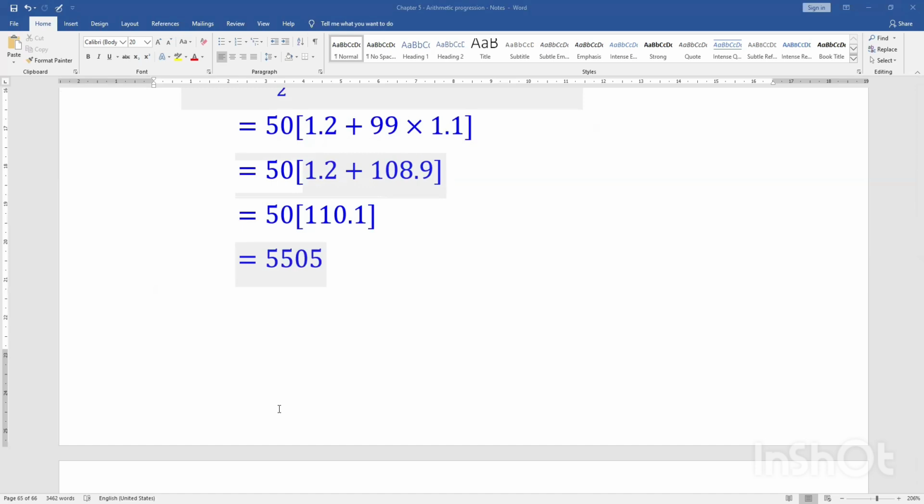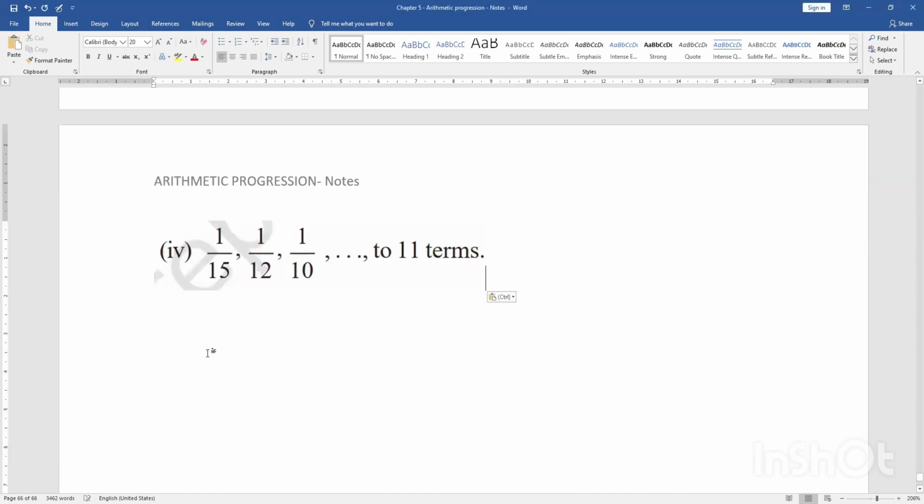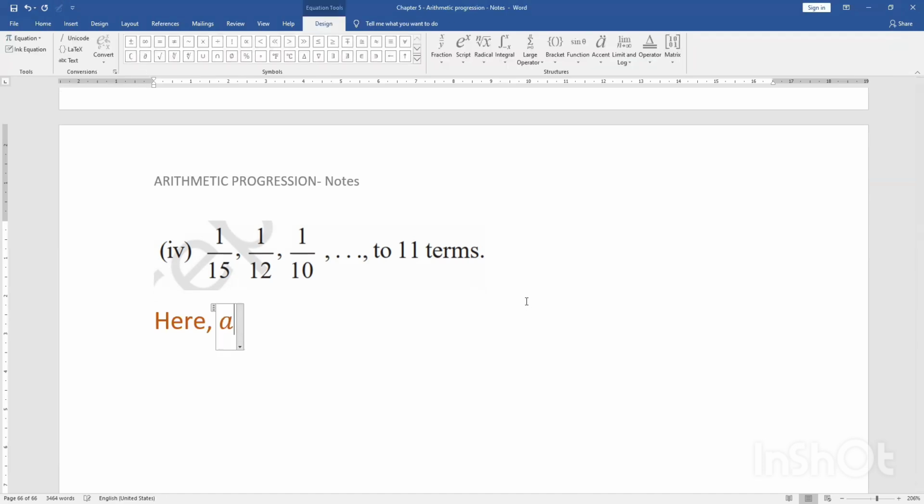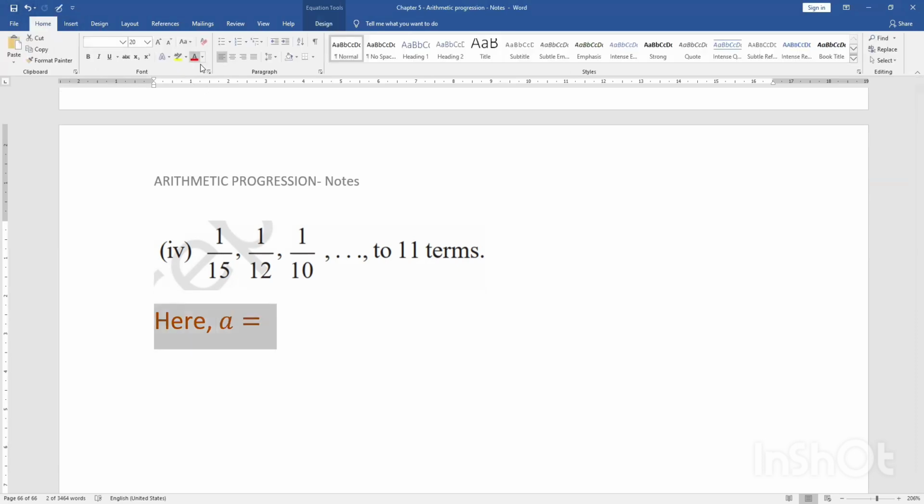So I go for the fourth problem. So here, what is the value? We have A equals how much?